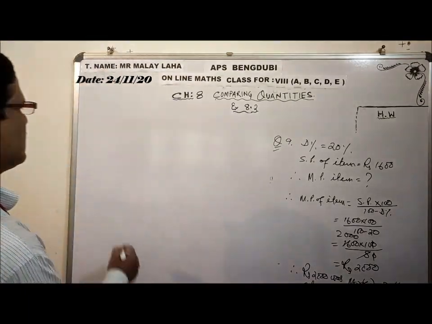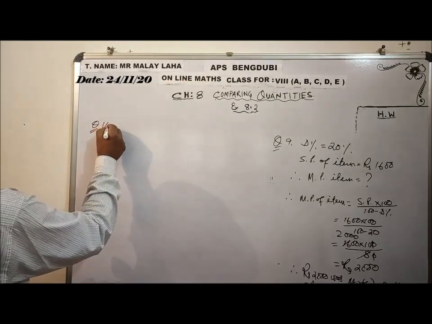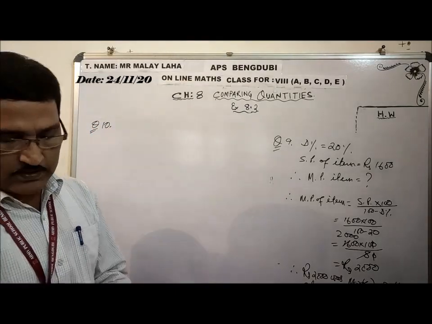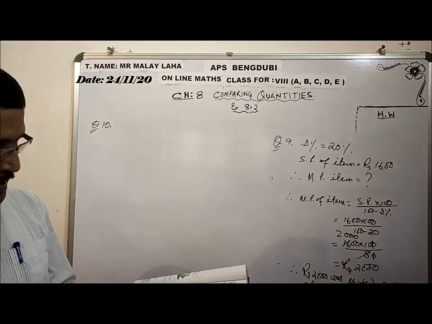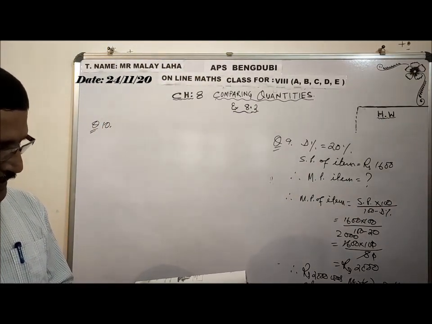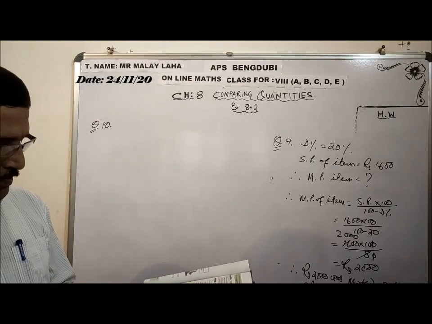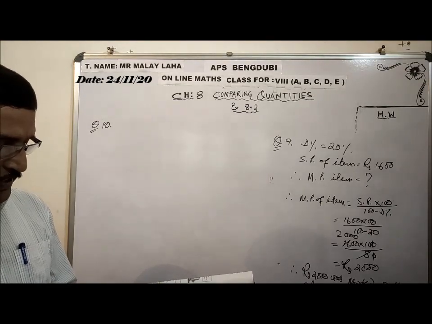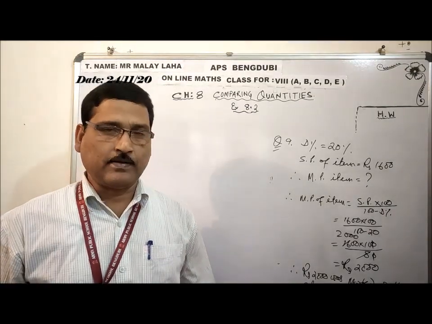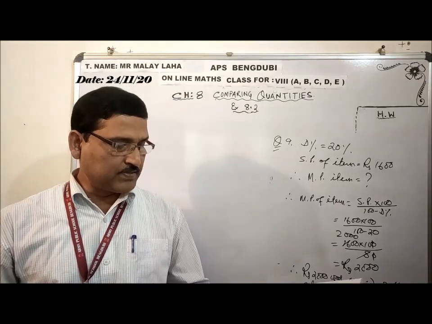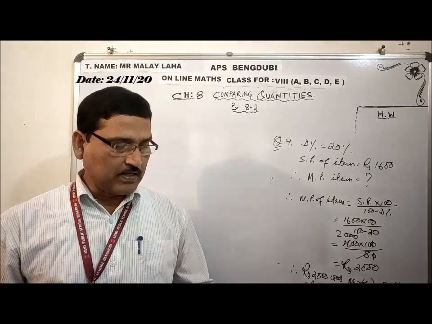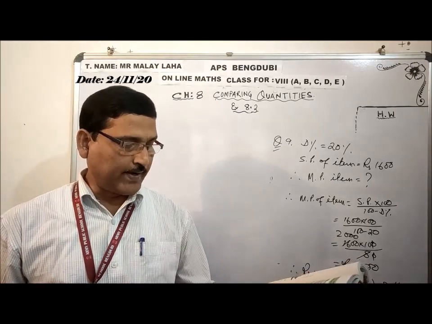Okay, now last question is 10. Last question is 10. I purchased a hair dryer for rupees 5,400 including 8% VAT. After including VAT, it is coming rupees 5,400. Find the mark price before VAT was imposed.